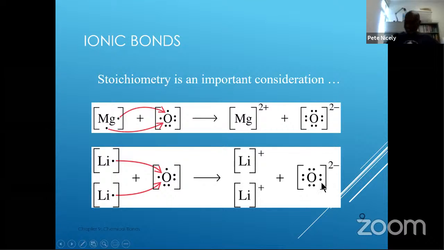So basically, in the case of the magnesium oxide, the formula now becomes MgO, and in the case of lithium oxide, it is Li2O, indicating the ratio of the ions present in these compounds.